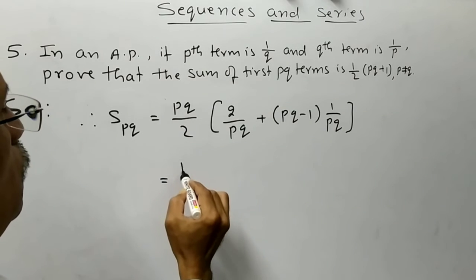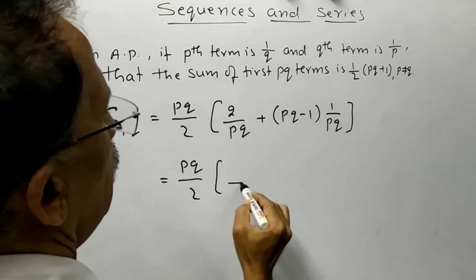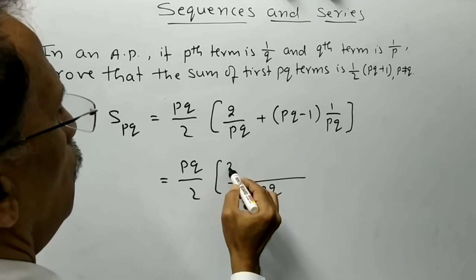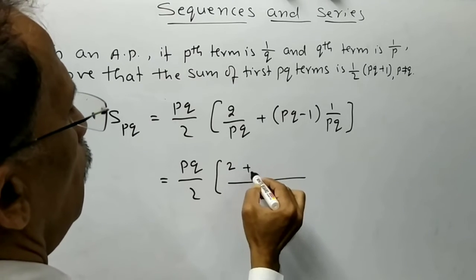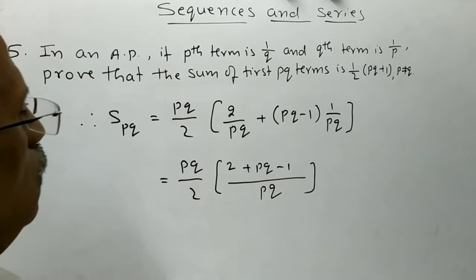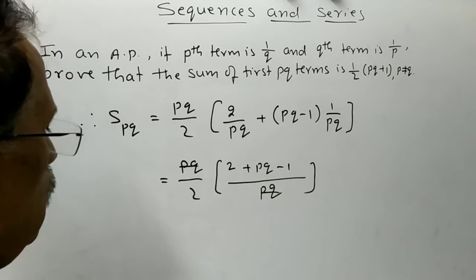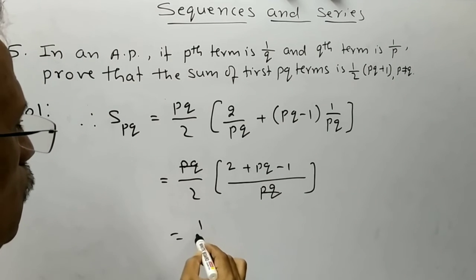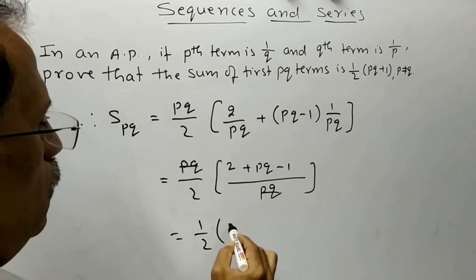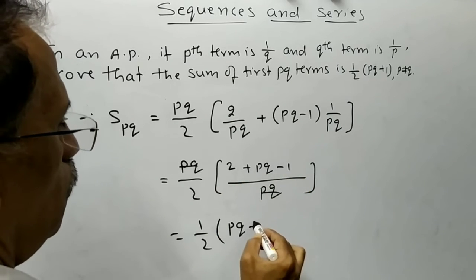Is equal to PQ divided by 2 into bracket, PQ is the LCM, 2 plus PQ minus 1 divided by PQ. PQ and PQ we can cancel, is equal to 1 by 2 into bracket PQ, 2 minus 1 is plus 1.